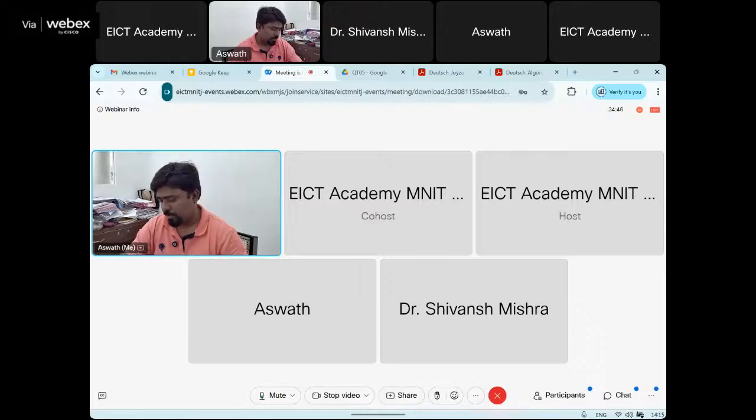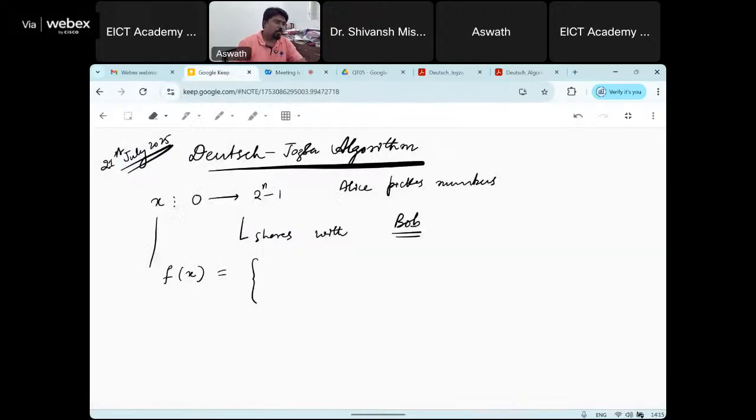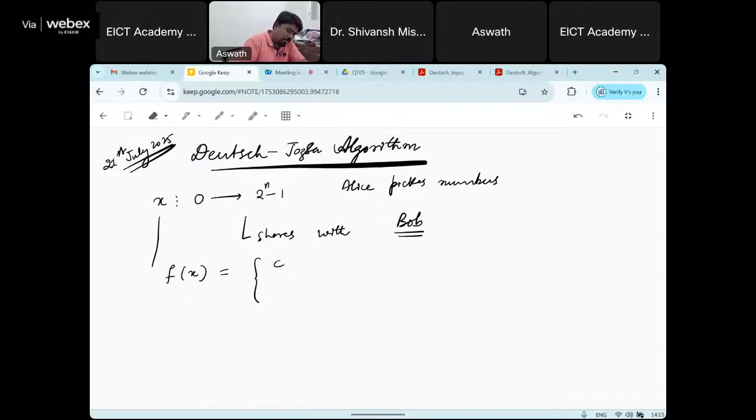Right. So Bob must use a function which should look like a constant, meaning for all x it is 0 or 1. That is a constant function for you.